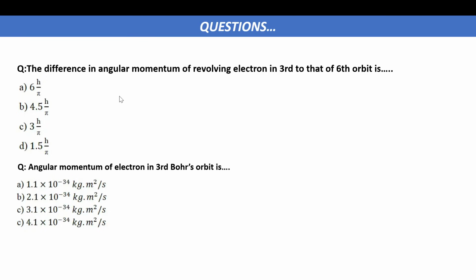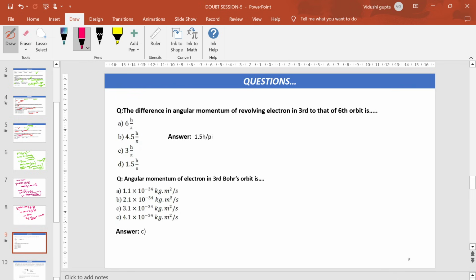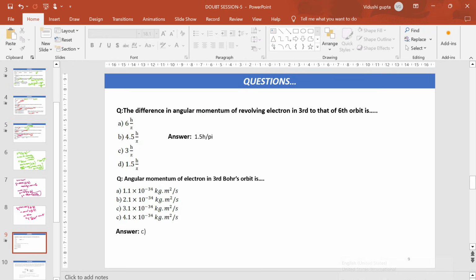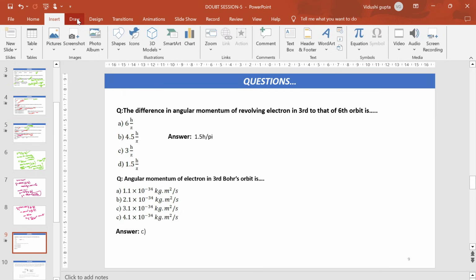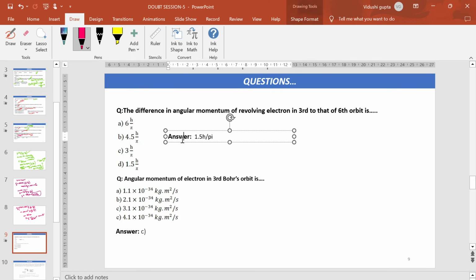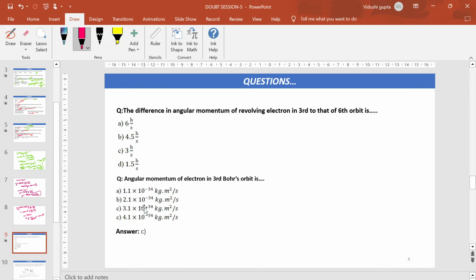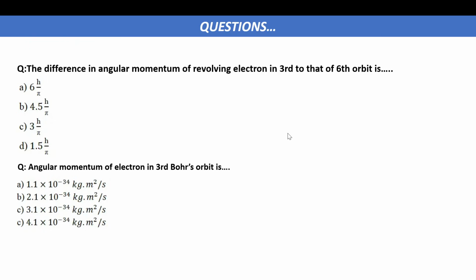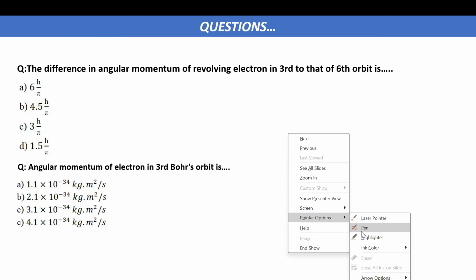Moving to next, the difference in angular momentum of a revolving electron in the third orbit to that of the sixth orbit is what?